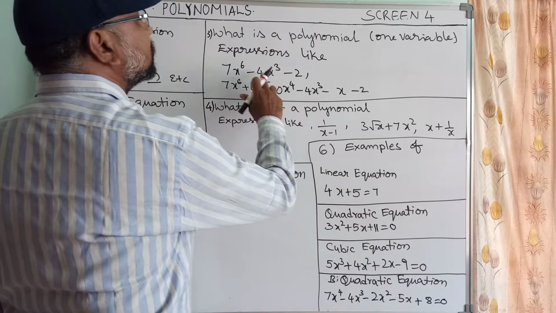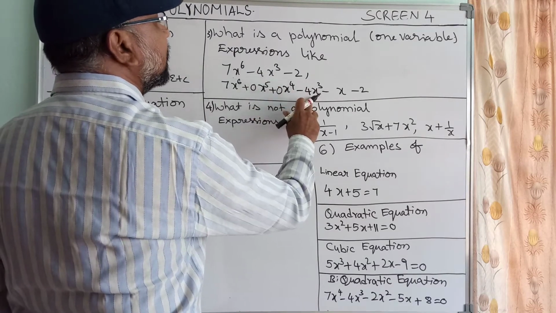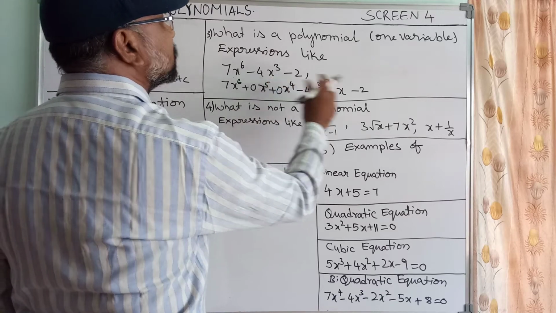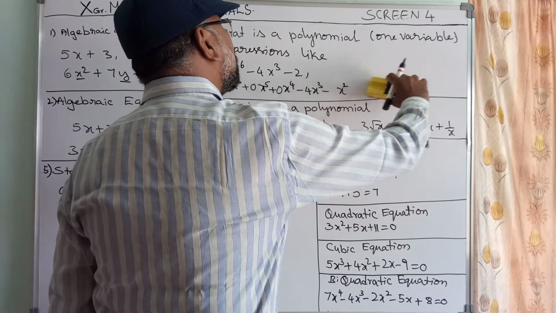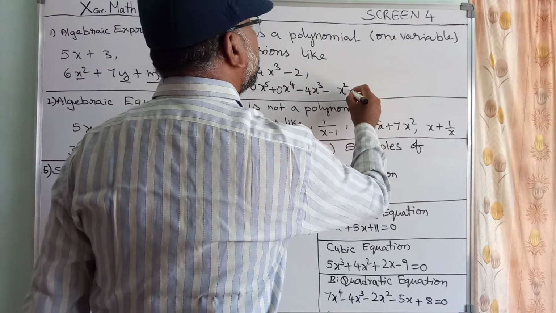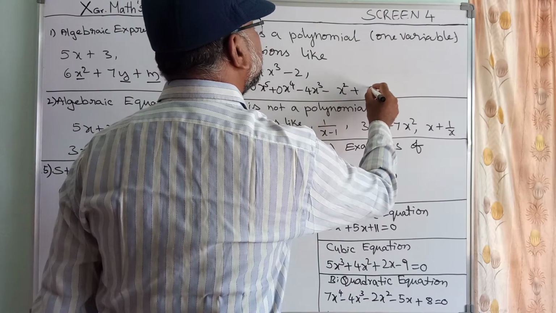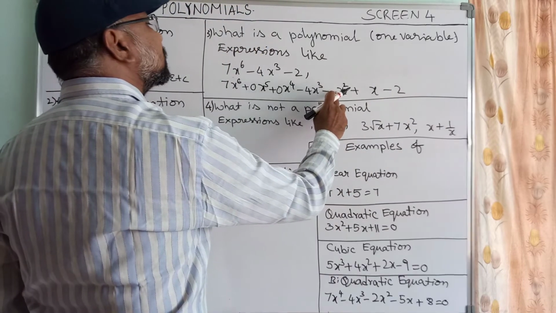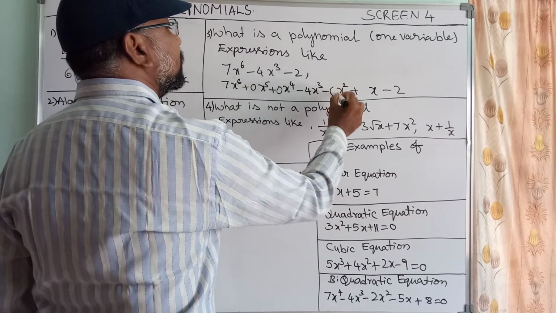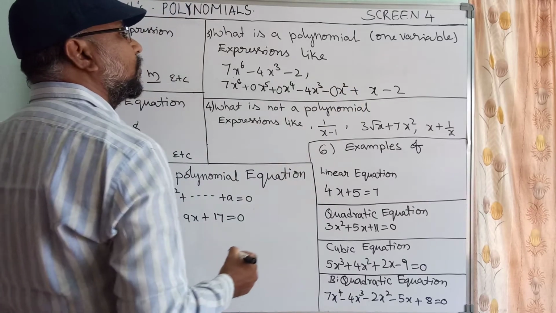Therefore minus 4x cube is there, and the x square term is also not there, so create an x square term, and plus some x term, and minus 2 is there. So the x square term is also missing, therefore you can keep 0.